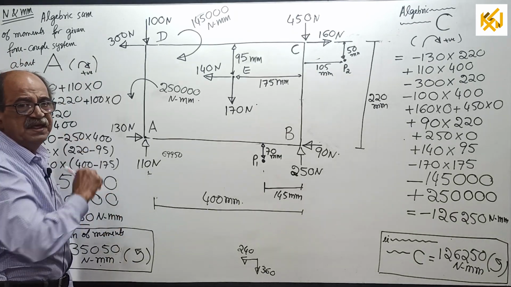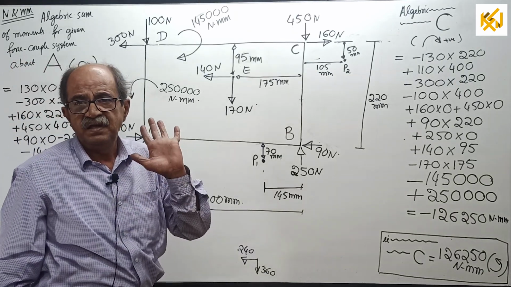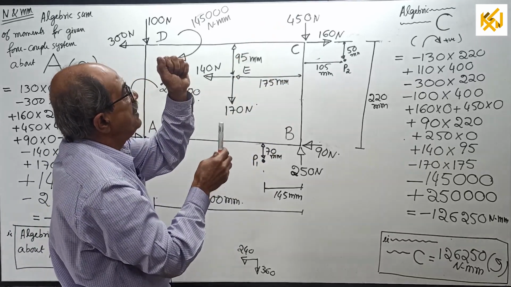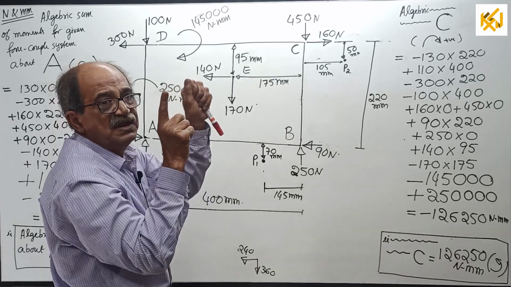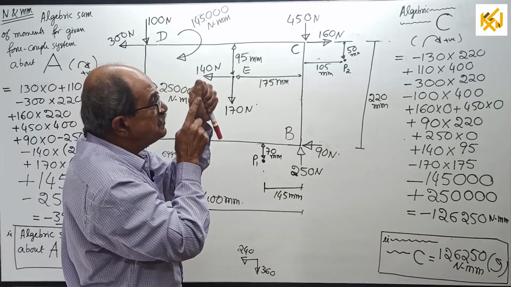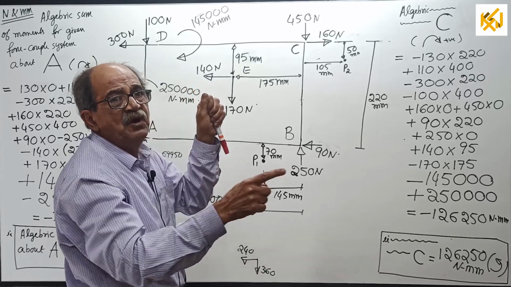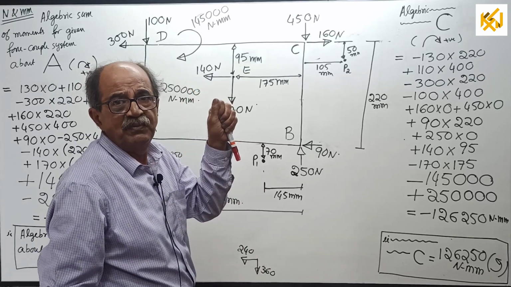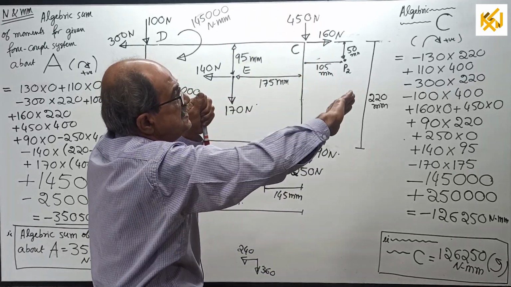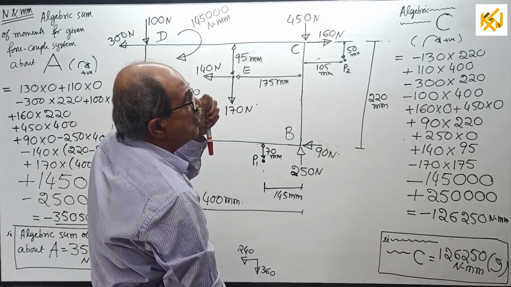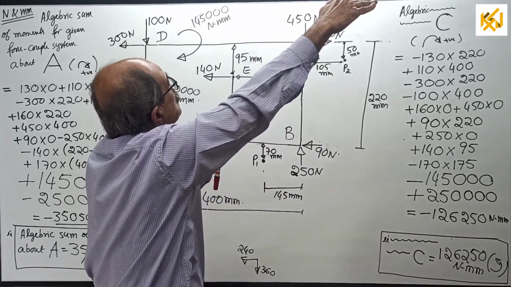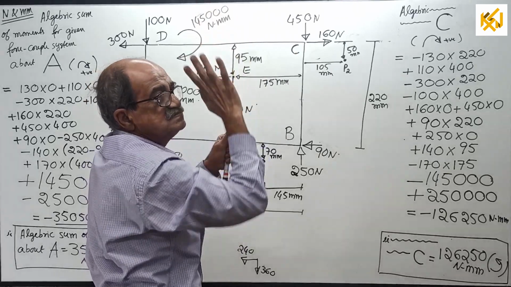Before starting the calculation, one last reminder for you. If we want the moment about this point, the distance should be the perpendicular distance from this point to the line of action of the force. So if the force is this way, vertical force into horizontal distance, horizontal force into vertical distance.